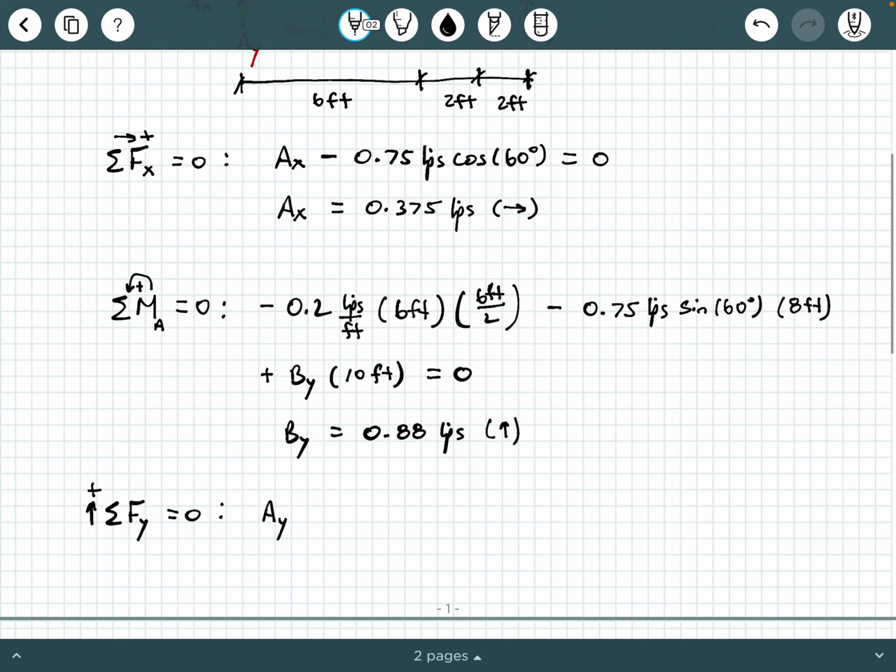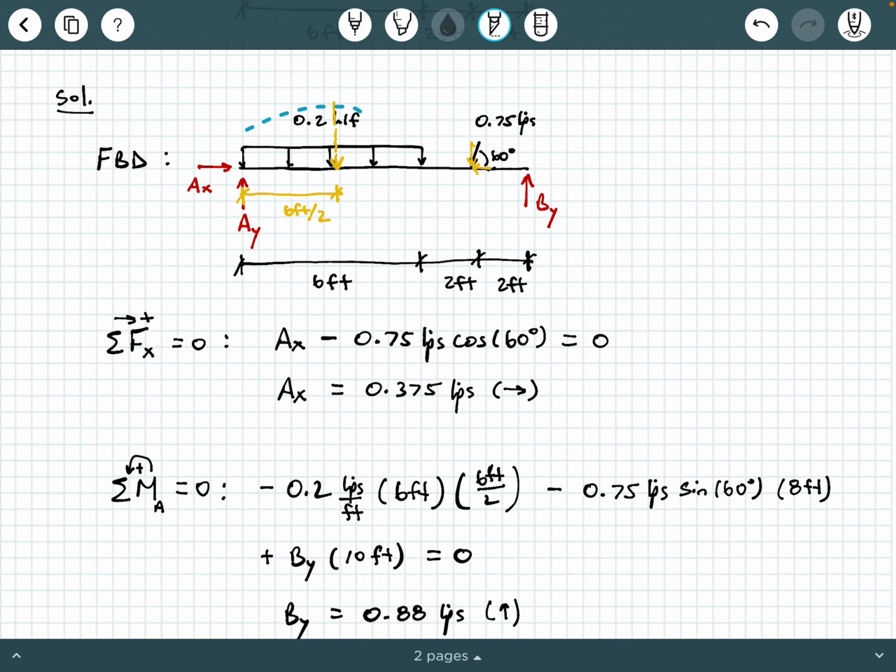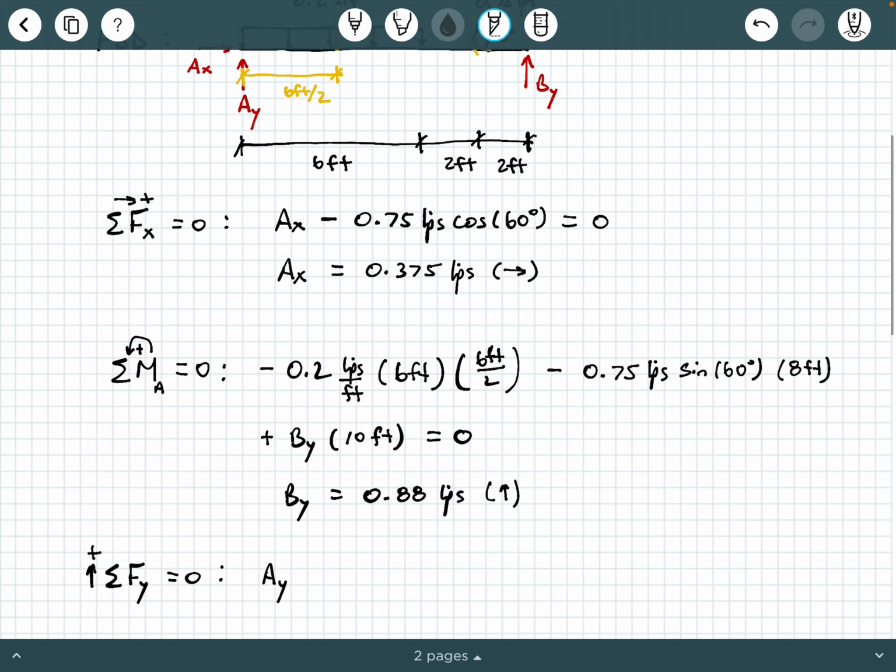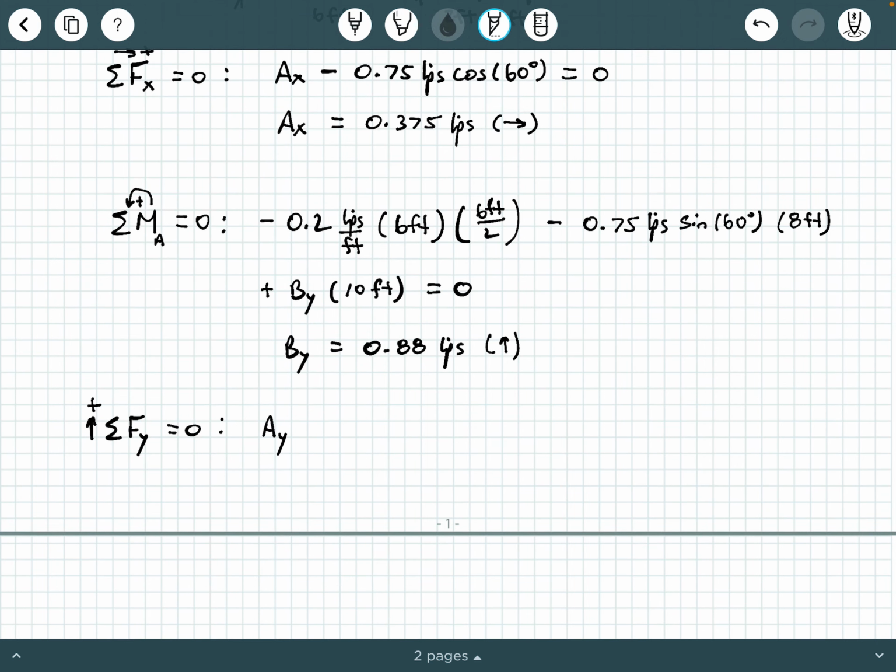The next thing we encounter is that distributed load, the 0.2 KLF. Now, we need to find its equivalent single force, because right now the 0.2 KLF is not a force, it's a distributed force. It's kips per foot. You need it just to be kips. So we're going to say minus 0.2 kips per foot times the length over which it's distributed, which is 6 feet.